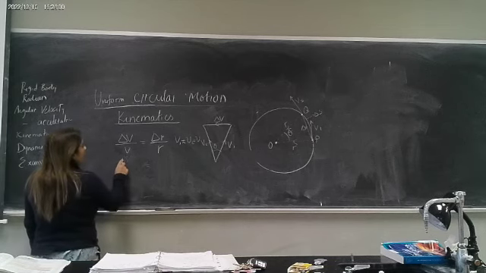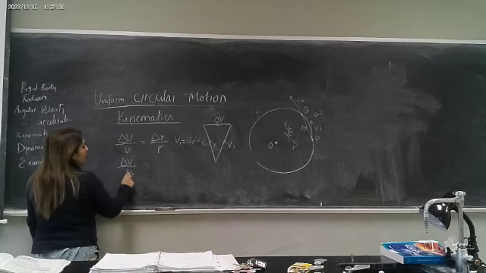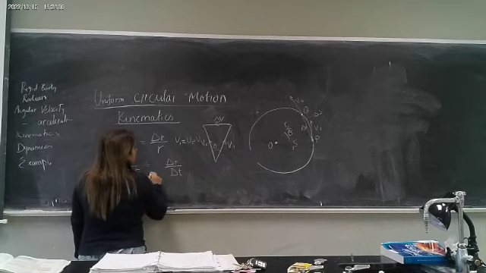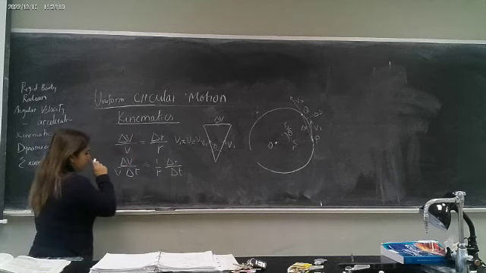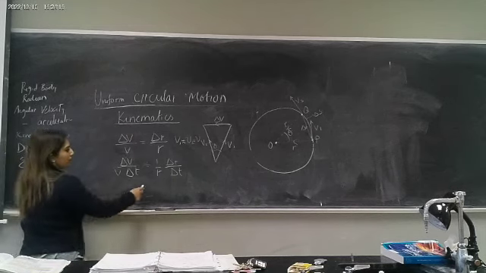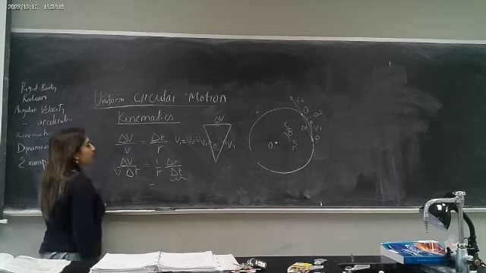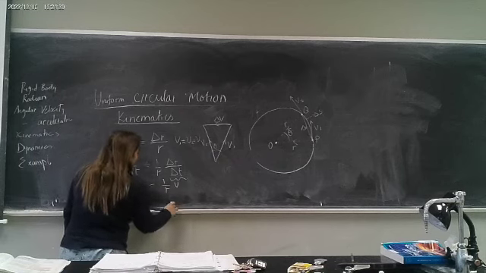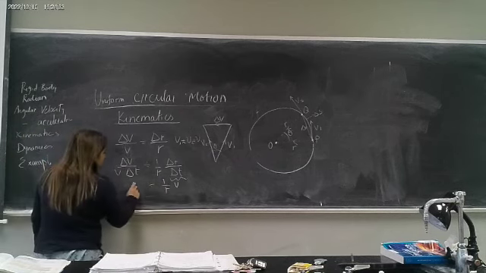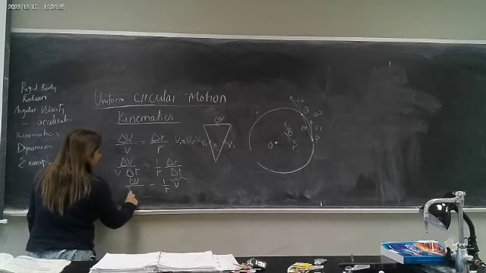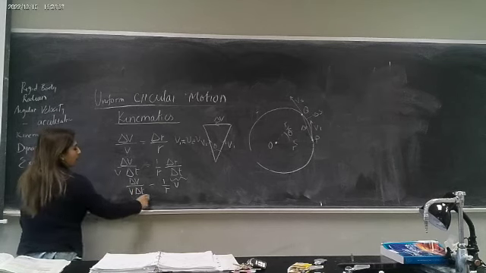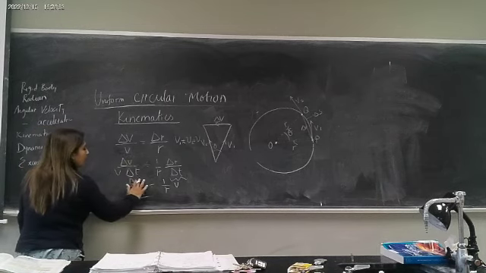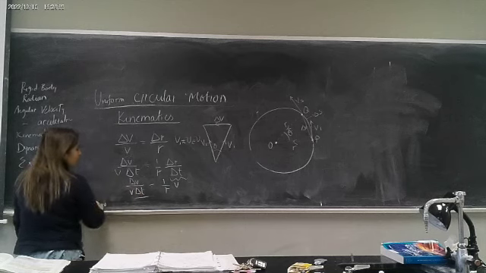If I divide both sides by delta T, this is the displacement over time, that becomes the velocity or speed V. My V looks like a capital V, but they all are the same V's.